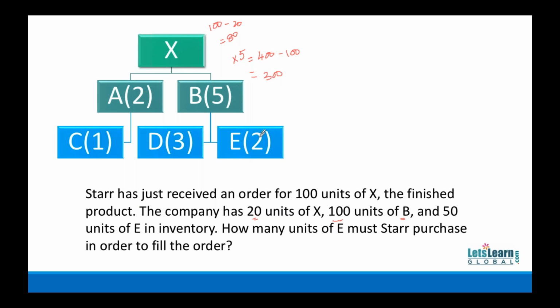Now E. How many units of E will make 1 unit of B? 2 units. So multiplied by 2, we need 600. Don't buy 600. Check whether there is stock of E in the warehouse or not. Yes, we have 50 units of E in the inventory, minus 50. So you need to buy only 550 units of E.